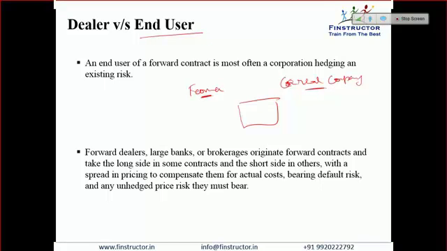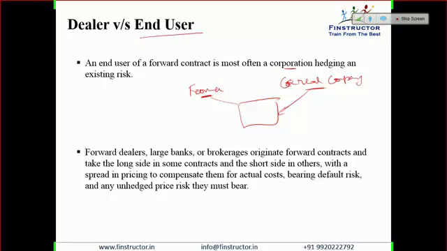So an end user in a forward contract is a corporation that is hedging the risk. So the farmer is hedging the risk of being able to sell his corn in the future. The cereal company is hedging the risk of producing the cereal in the future, hence they are entering into this contract. So they are referred to as end users. People who are entering the contract because they actually want to hedge their exposure.